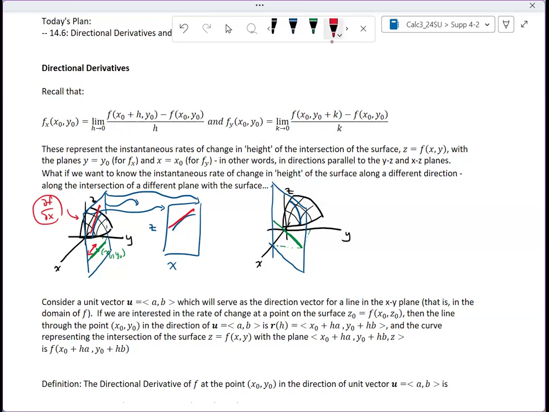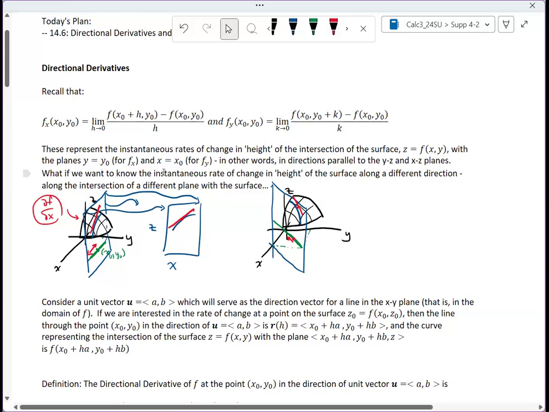And just as before, I could imagine that at some point on that curve, I could have a tangent line that is in this plane, and I could be interested in the slope of that tangent line, the instantaneous rate of increase of my output z as I vary along this input line that is not necessarily parallel to the x or the y axes.